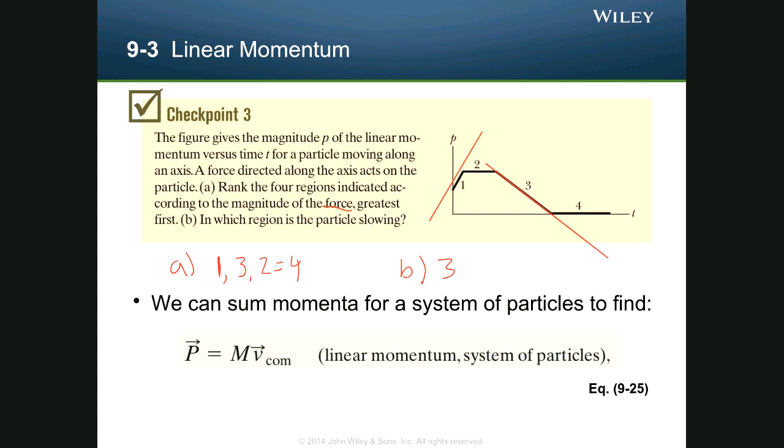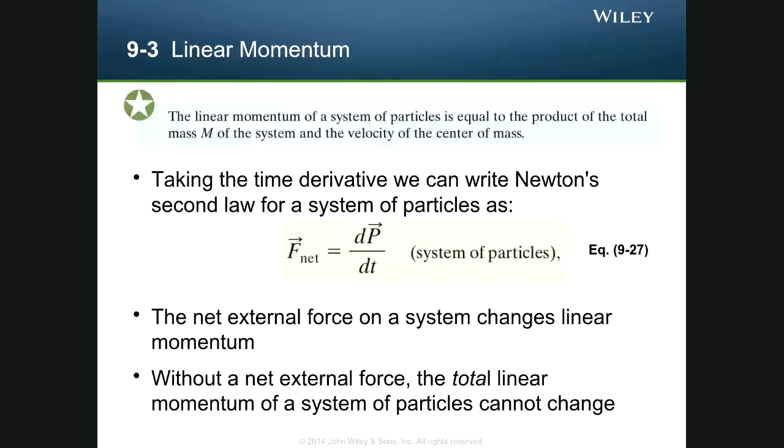Good. So now what we want to see is that the linear momentum of a system of particles, we're moving back to this, we want to reemphasize that we're talking about systems here, so things like center of mass apply and all that. The linear momentum of a system of particles is equal to the product of the total mass of the system and the velocity of the center of mass. We saw that, but let's write that equation again so we can see it in all of its glory.